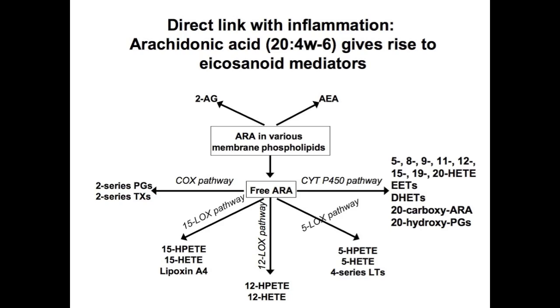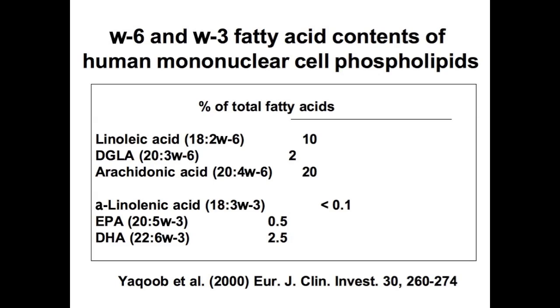So immediately you see there's a link here between this omega-6 fatty acid and inflammation. Because I know that these things are involved in inflammation, because I know that there are drugs that people are commonly using to control the production of these things, and the things they're trying to control are something to do with inflammation. So there's a direct link here. Incidentally, these chemicals are all in a family called eicosanoids.